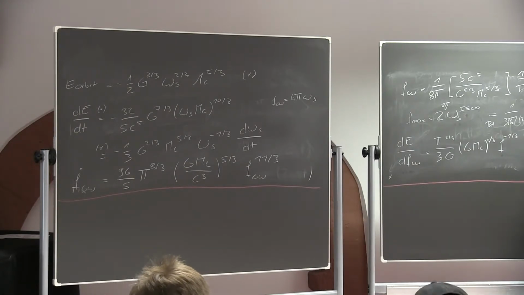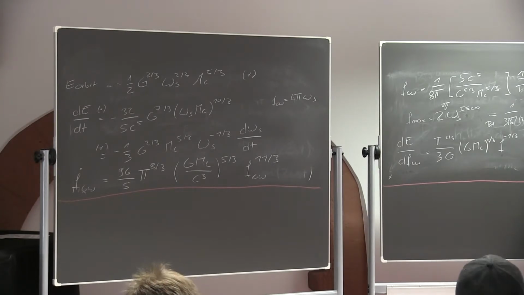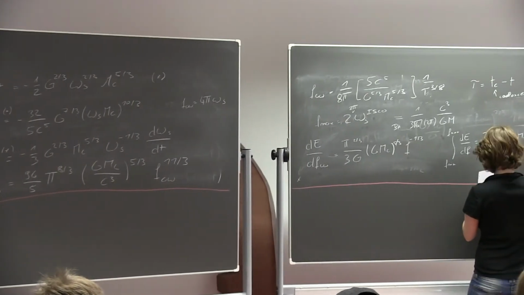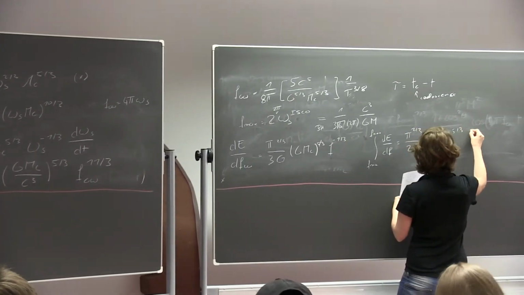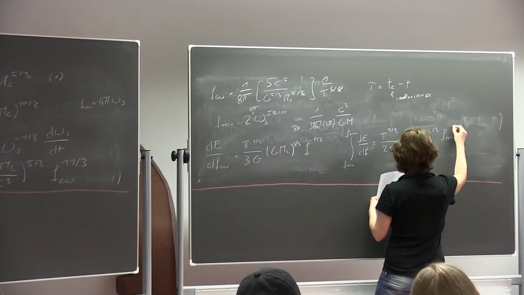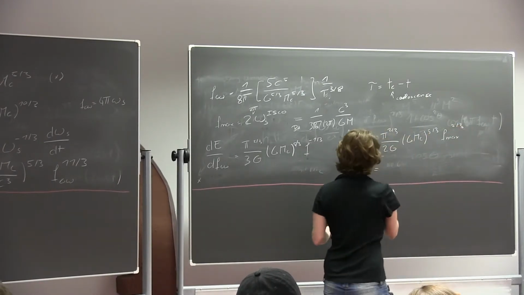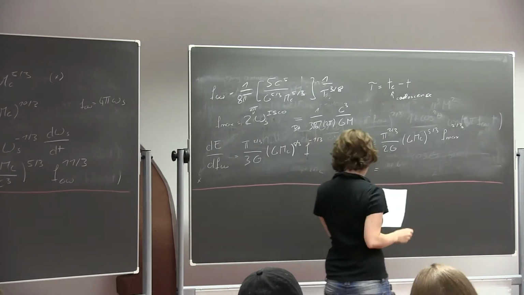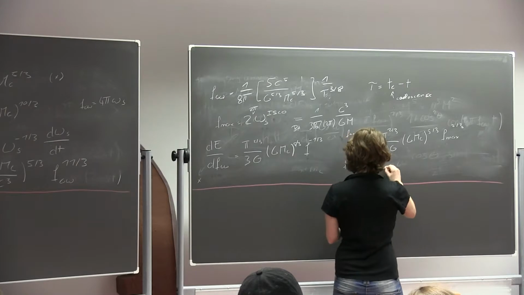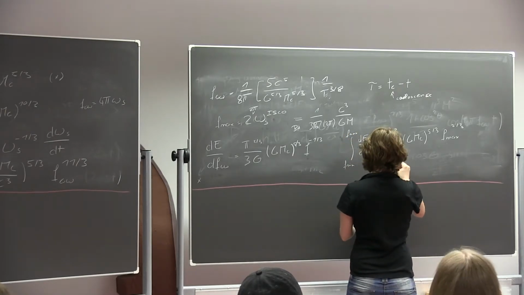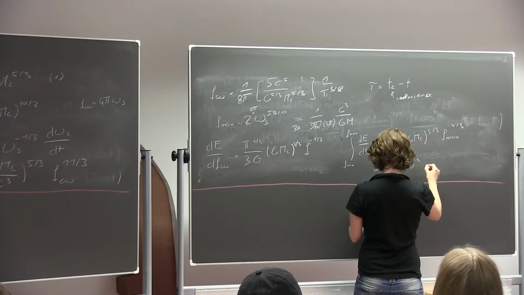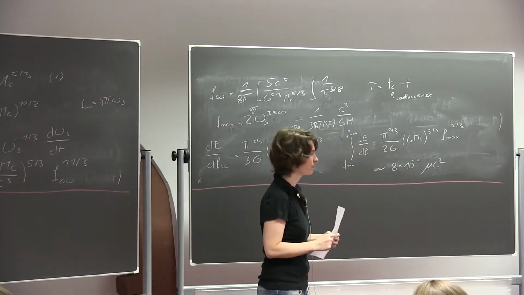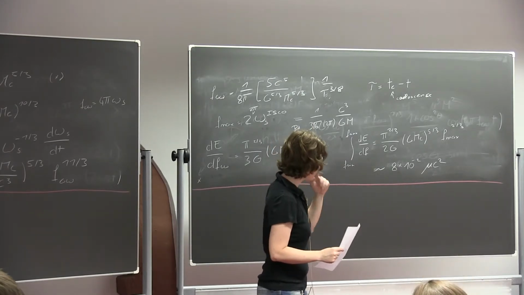Pi to the 2/3, 2G, times the chirp mass to the 5/3 times f max to the 2/3. You insert this, replace it with slightly more clever variables, and you find that it is given roughly by 8 times 10 to the minus 2 times the reduced mass of the system.